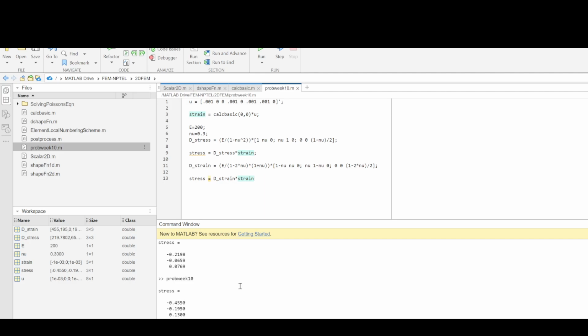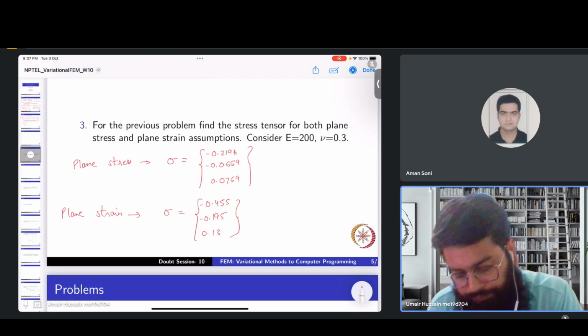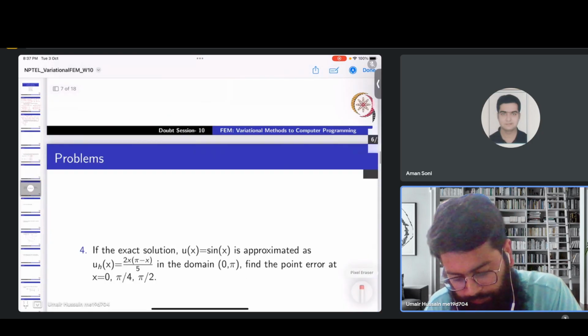For plane strain, stress was 10.455, minus 0.195, to 0.163. So these are the results. Okay, move on to the next problem.